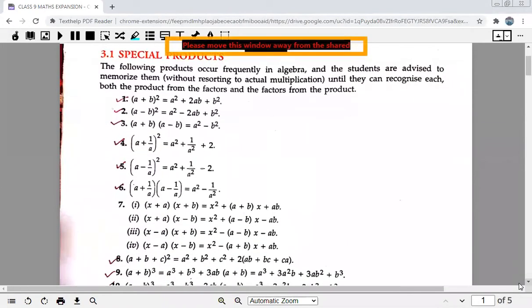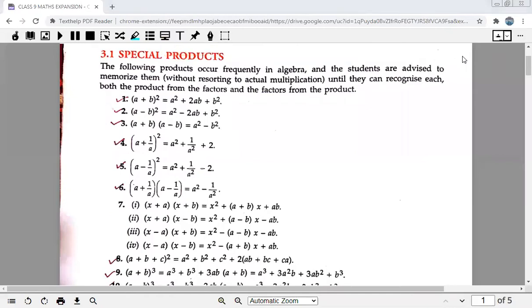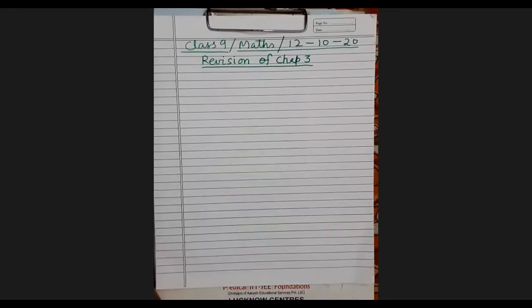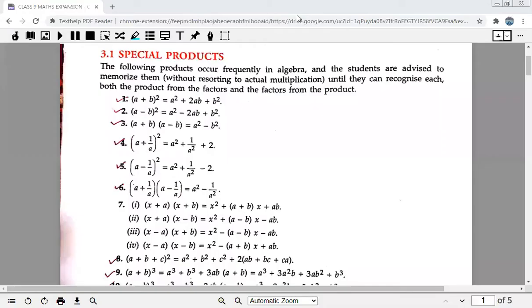This is given in the beginning of your book.